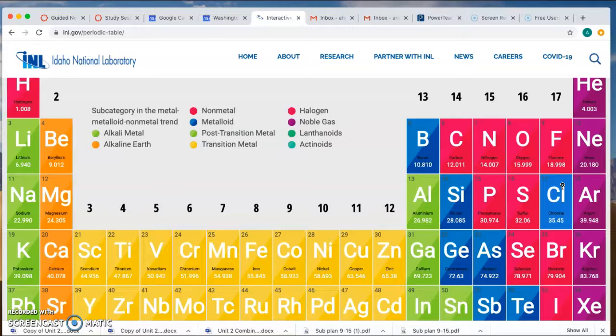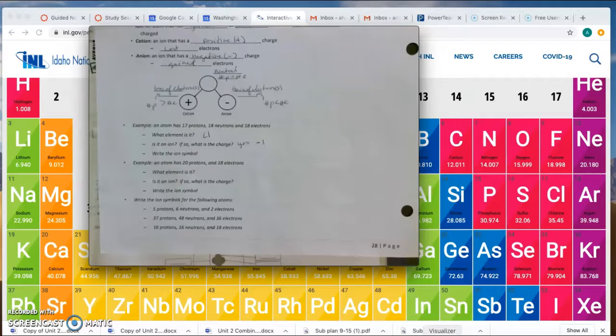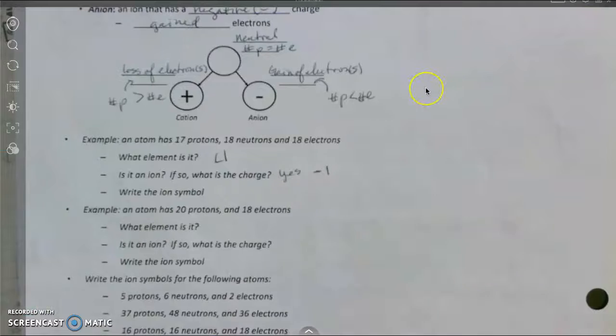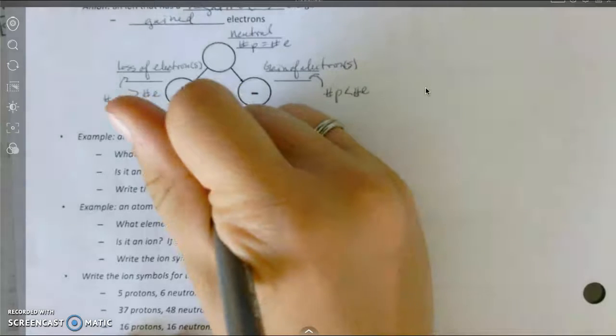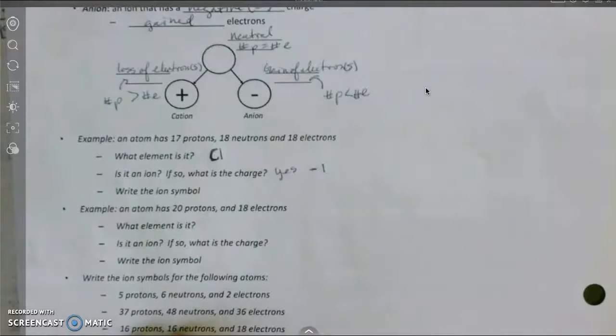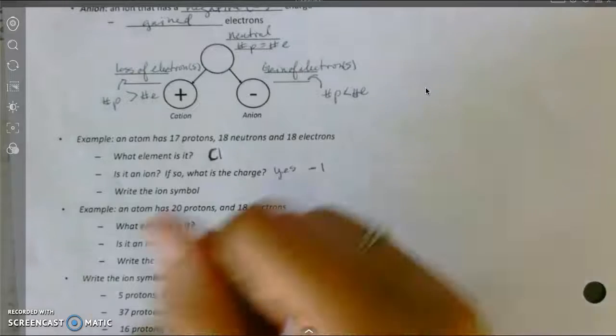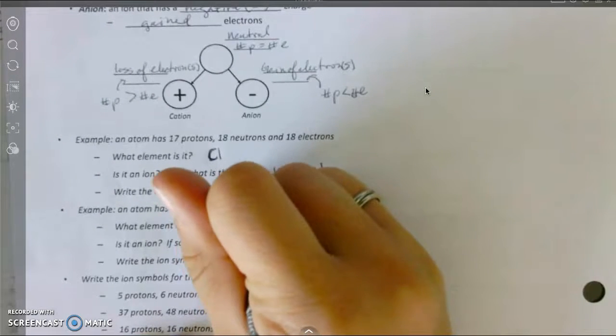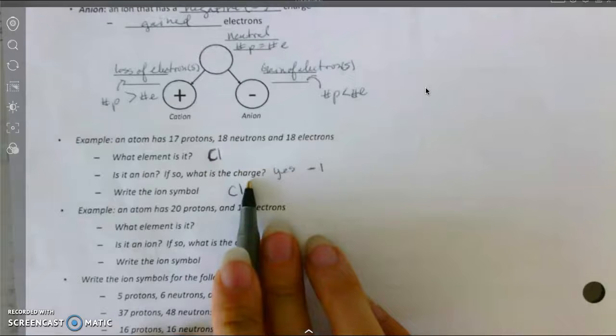Okay. And now it wants me to write this ion symbol. Okay, so let me make this large here. Okay, that's a C, and then L for chlorine. Here's how the ion symbol works. You take your symbol, and then in the upper right, you put your charge.